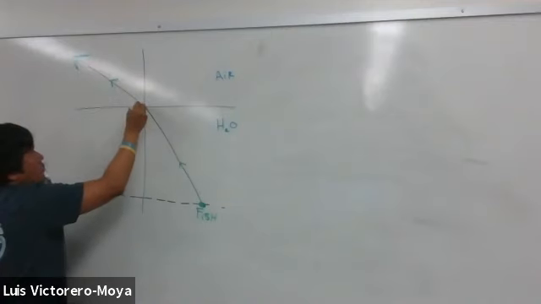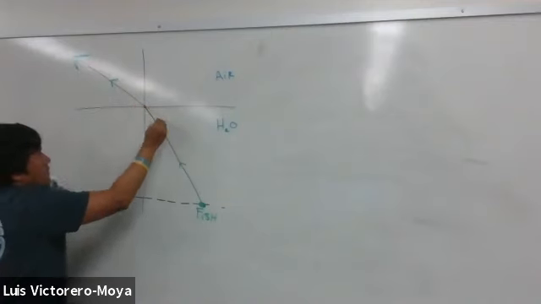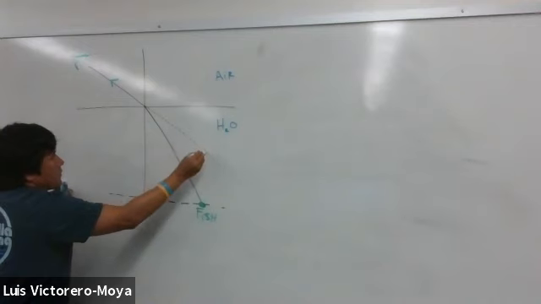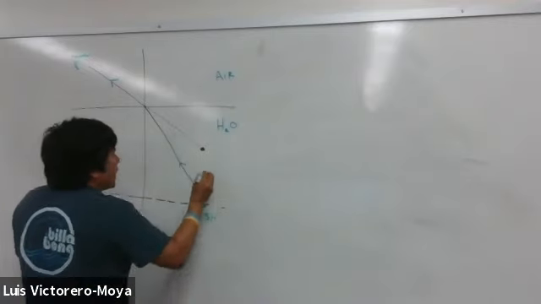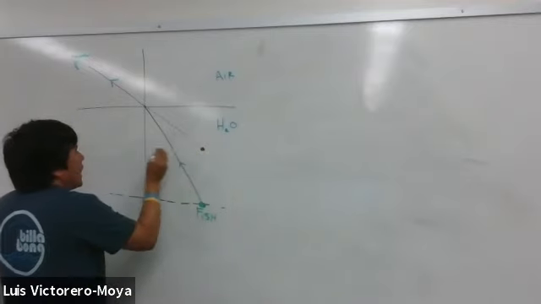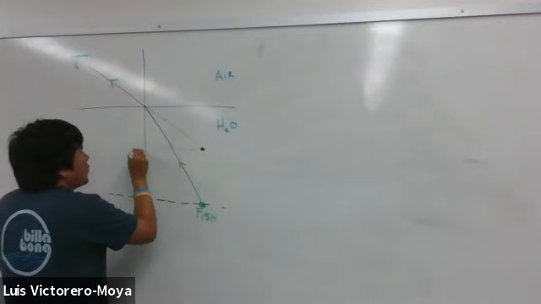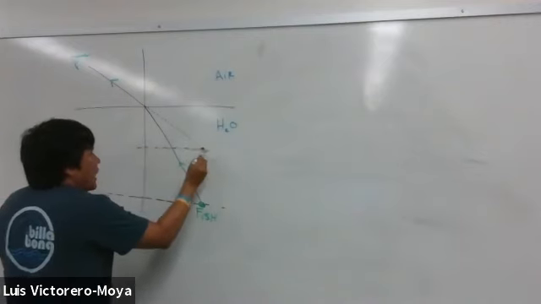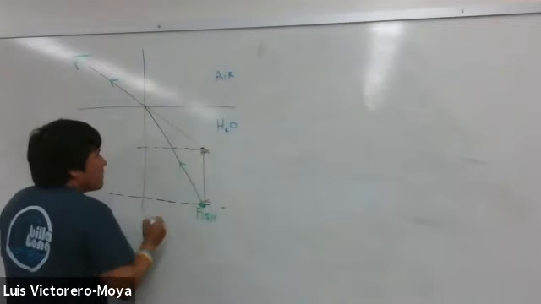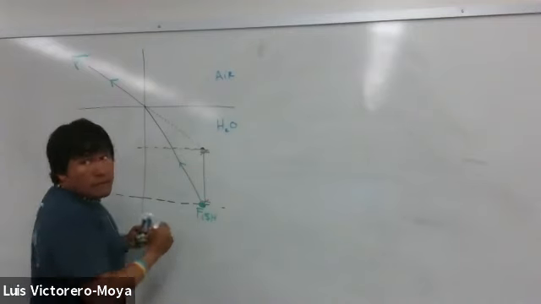So your vision extends like this, until here, and you have an apparent depth, right?